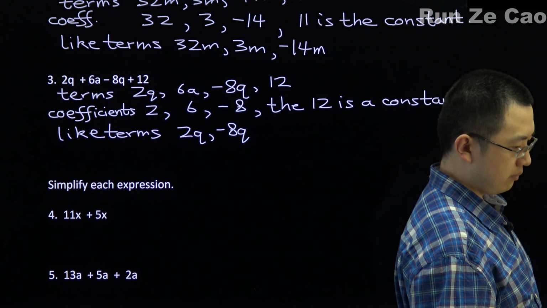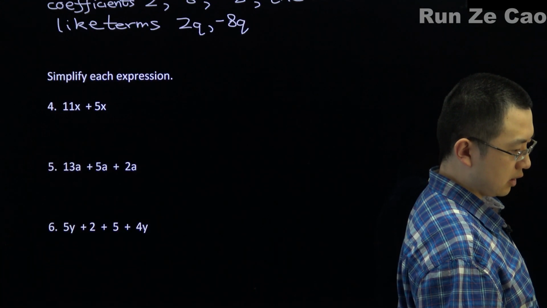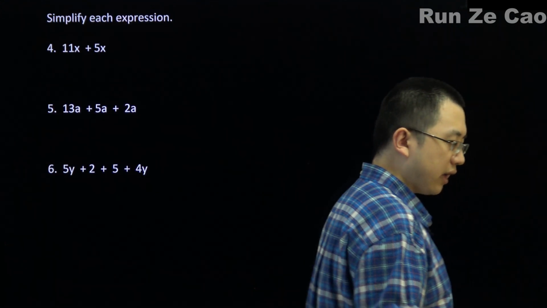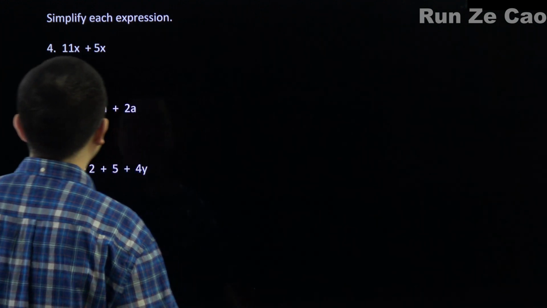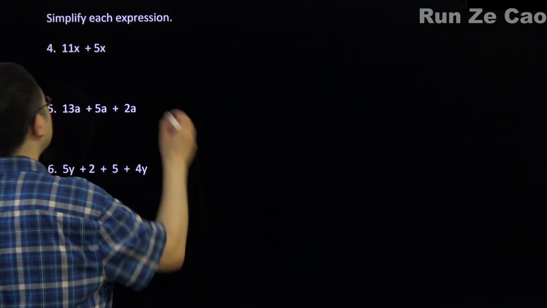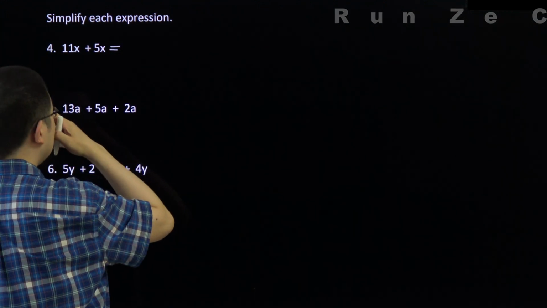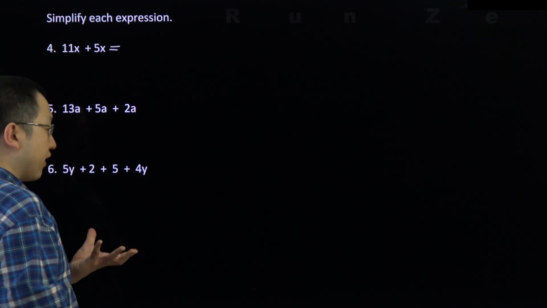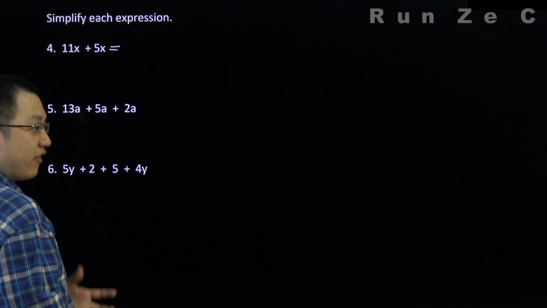Okay then, simplify each expression. 11x plus 5x. Well, if you have 11 of something and you add 5 more of that something, you have how many of it?